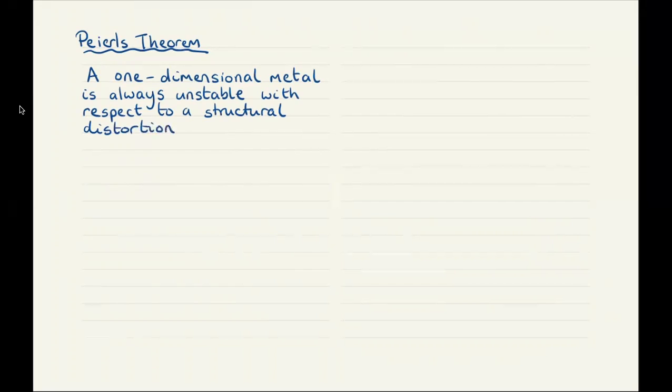So that means it will spontaneously undergo a structural distortion. And the distortion that it makes is one that lifts the degeneracy, takes away the degeneracy between the degenerate orbitals at the Fermi energy.